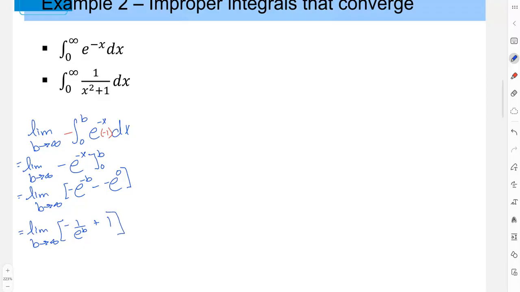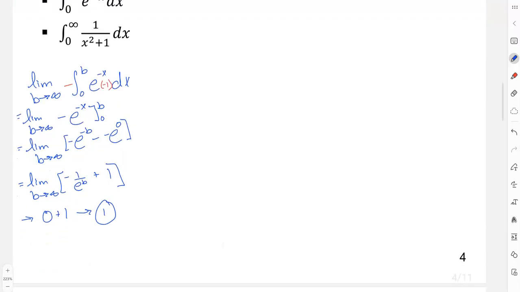And again, as b gets larger and larger, that denominator is getting larger and larger. So this fraction is shrinking. So this guy is heading to 0. And then the limit as b goes to infinity of 1 is just 1. So this one is going to converge and it's going to head to 1.